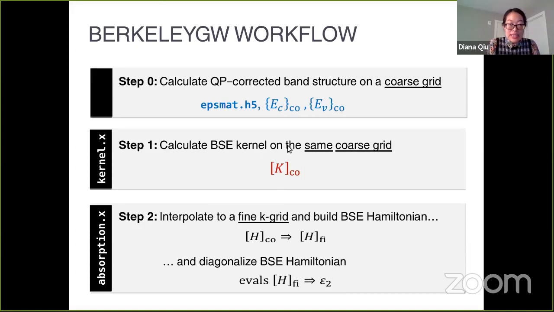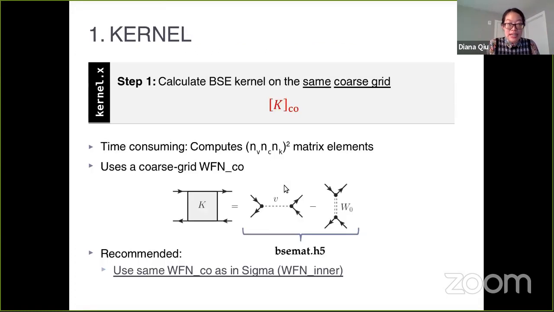So now let's dig a little bit deeper into what is done in each of these steps. In step 1, remember we're using kernel.x to calculate the BSE kernel. This is quite a time-consuming step, which is why we want to do it on the coarse grid.